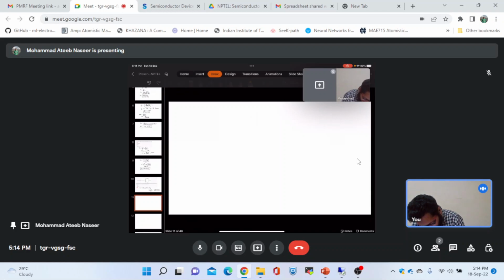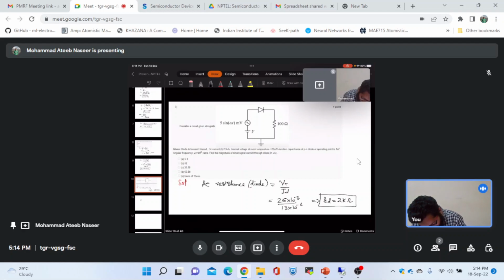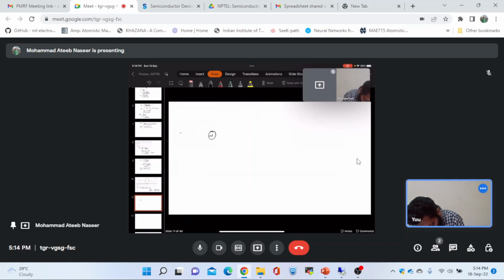We will have some AC source with strength of 5 sine omega t, in millivolts, and this will be the dynamic resistance Rd equal to 2 kilo ohms, and this will be some capacitance, minus j Xc, with some reactance, and there is another resistance with value of 100 ohm.